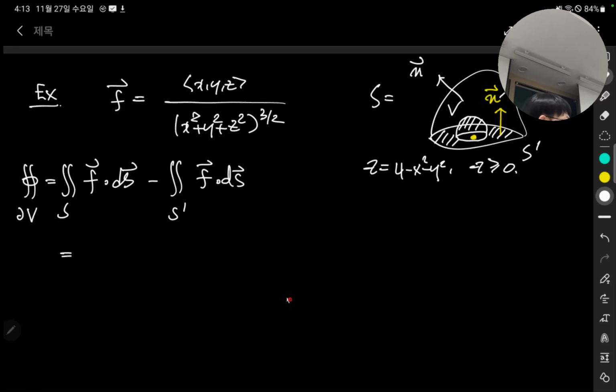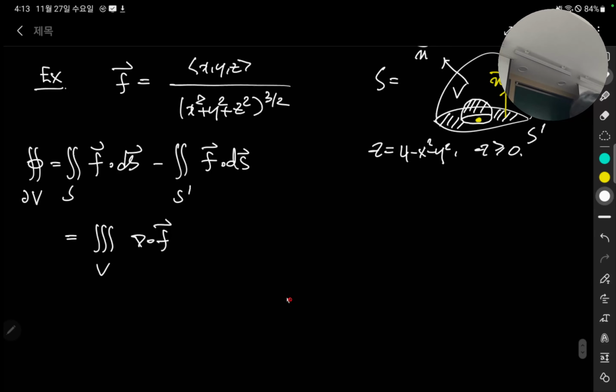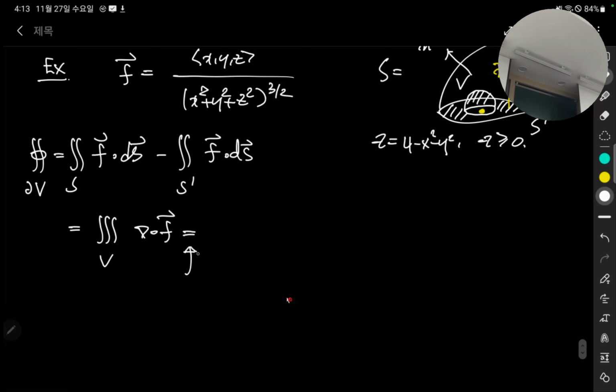Now, what does the divergence theorem say? First, can I apply it here? Yes, because the point (0, 0, 0) is not inside my volume V, so the vector field is well defined. The divergence theorem says the surface integration is the same as the triple integration over V of the divergence of the vector field. And what is the divergence? Let's compute.